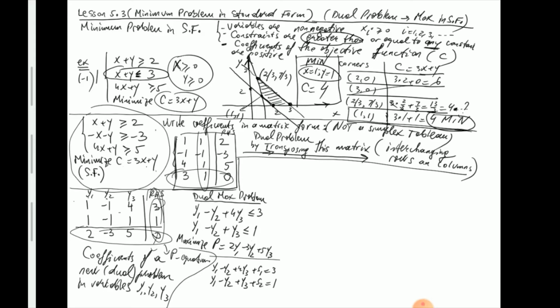And remember, you're going to move the coefficients in the P row to the left-hand side. This is basically what you did in 5.2. The only difference will be at the end when you read the solution, because what you solve right now is not the original problem, but the dual maximum problem corresponding to that first minimization problem.